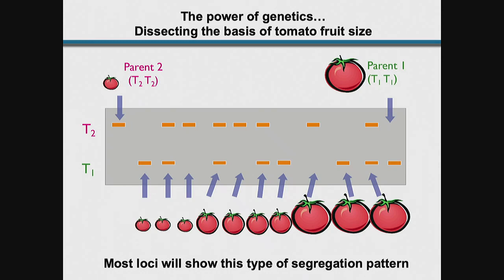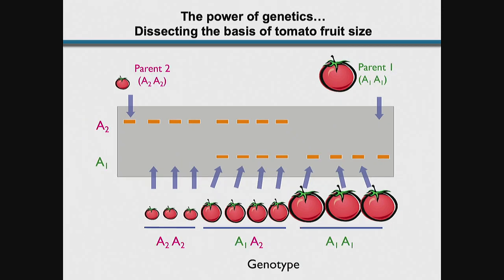As you can see here, the distribution of genotypes doesn't match the distribution of phenotypes, okay? However, in this pattern, it does match. And that's because the big fruited F2 individuals are homozygous for the big fruited allele.